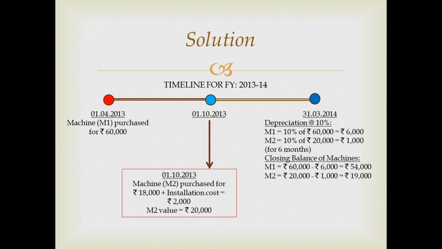So this value of depreciation becomes Rs 1,000, and the closing balance of the machines become M1 Rs 60,000 minus 6,000, Rs 54,000, and M2 Rs 20,000 minus 1,000, Rs 19,000. These closing balances will become the opening balances of the machines M1 and M2 for the financial year 2014-15, which we shall see in the next slide.